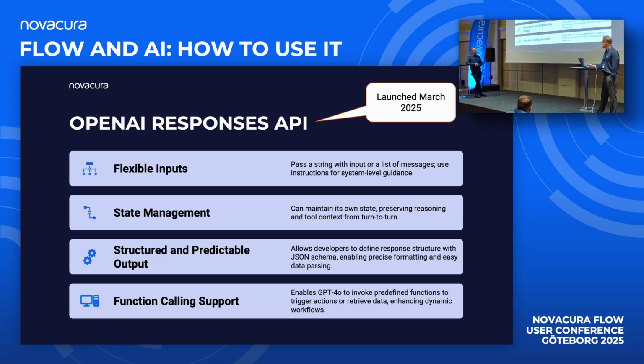So this responses API, this is nothing to do with Novacura specifically. This is OpenAI stuff. It's a new API that they released back in March, so just as of this year. Won't go into a ton of detail. I think the thing that makes this particular type of API most useful from Flow is the third item here, the structured and predictable output.